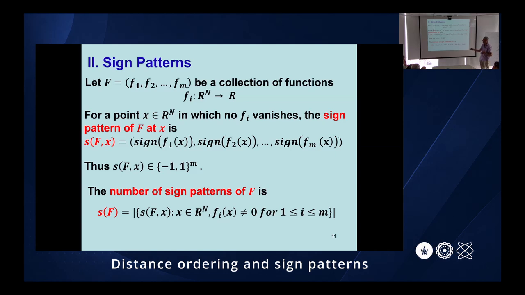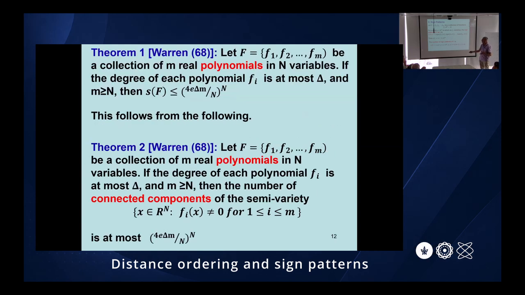And here are some old results of work in real algebraic geometry. So this extends earlier results of Milnor and of Thom. It says that when the functions are polynomials, then we can have pretty good bounds. These bounds are in some sense pretty close to being tight.